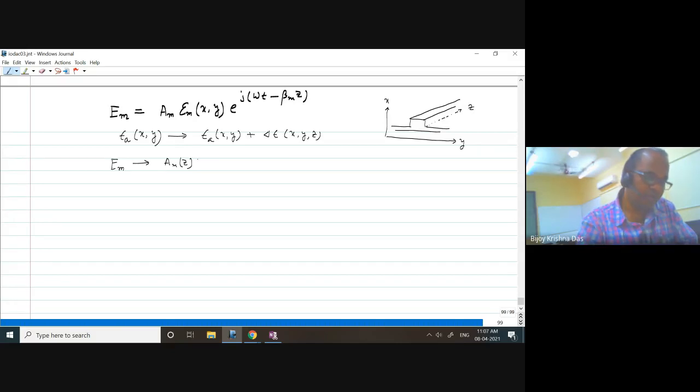Then along the Z direction, you can have some kind of modulation or evolution, and that is represented by A m. Earlier this A m was constant, and because of the perturbation, we have this modulation. This is our perturbation. So the electric field can be written like this.